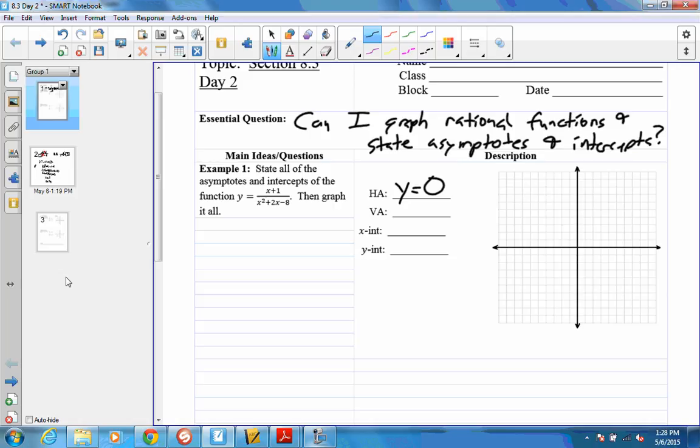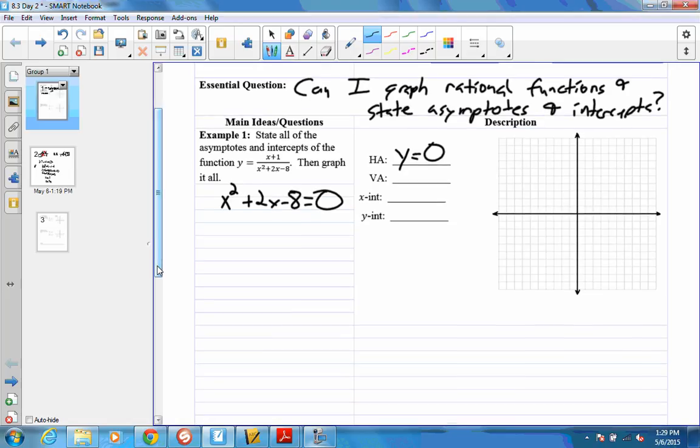We're good. Vertical asymptotes. What do I look at to get my vertical asymptotes? I factor it and then solve. I need to actually solve the denominator. So here we go. We got x squared plus 2x minus 8. I'm going to set that equal to 0. I want everybody doing this because we clearly need a little review on factoring. I need to get to negative 8 and add up to 2.